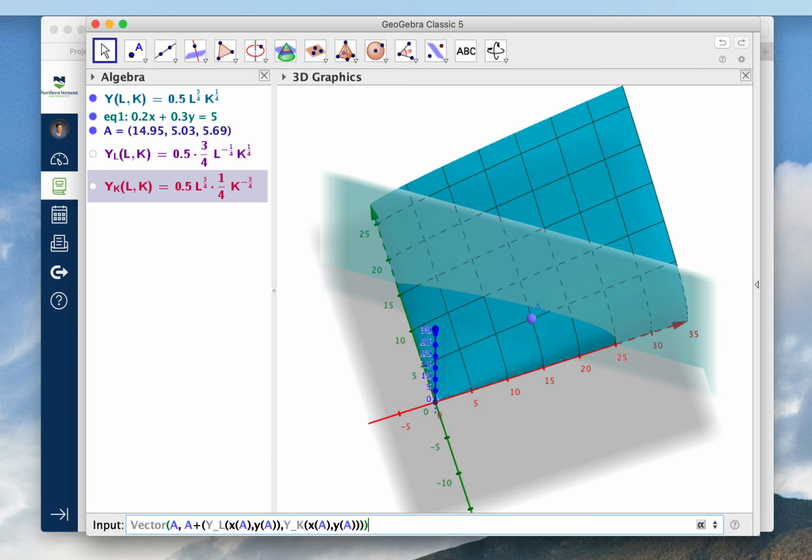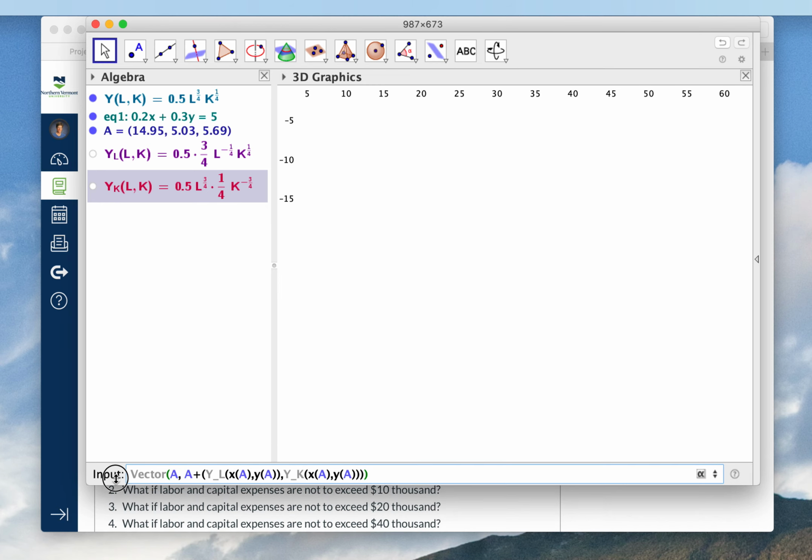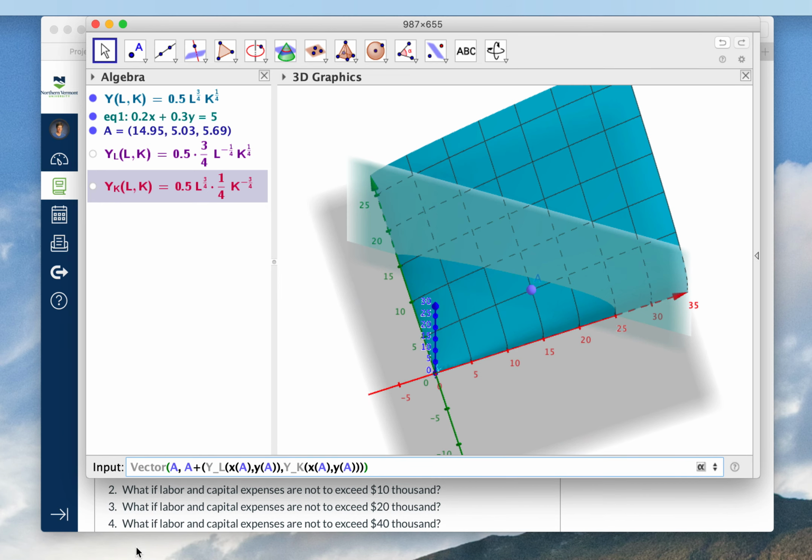I'll leave that on the screen. Pause the video if you need another second to look at this. So just to talk about this a little bit, what we've done is make an arrow or a vector that starts at A and heads in the direction from A towards the gradient: partial derivative with respect to L evaluated at the coordinates of A, and partial derivative with respect to K evaluated at the coordinates of A.